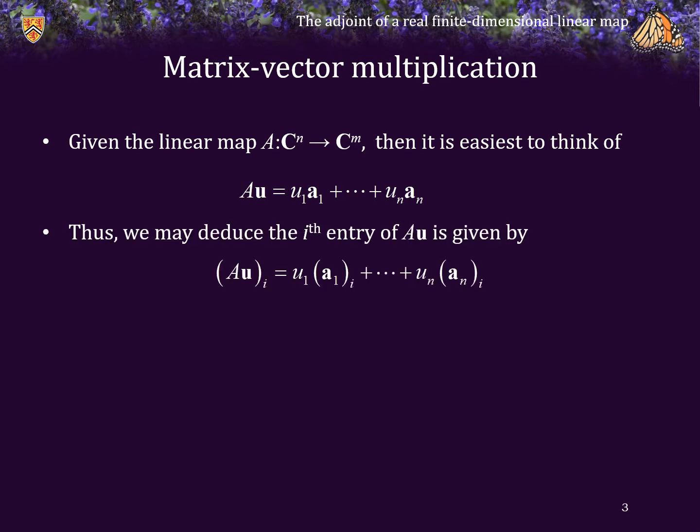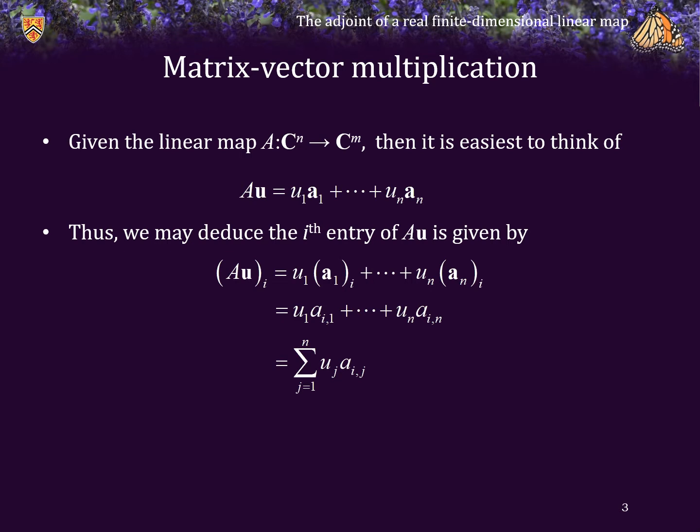Thus, we may deduce that the ith entry of A times U is a linear combination of the ith entries of the column vectors of the matrix, each multiplied by the corresponding entry in the vector U. And that is this expression here for those entries.